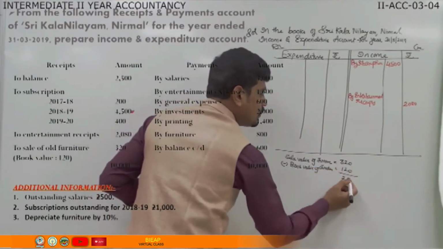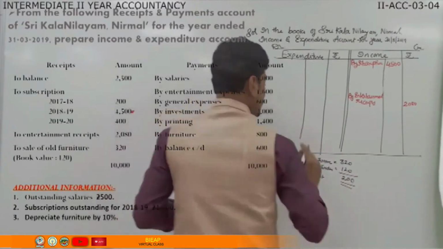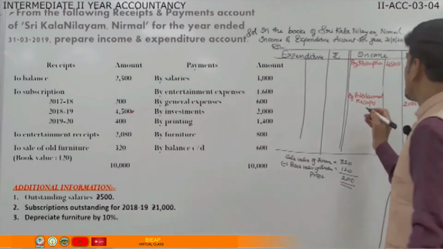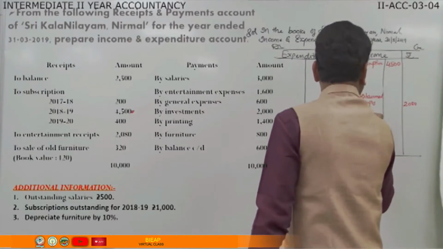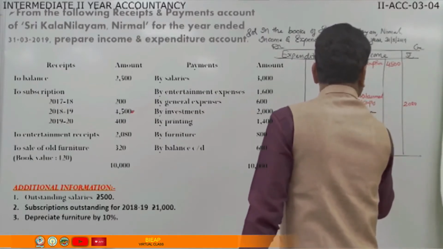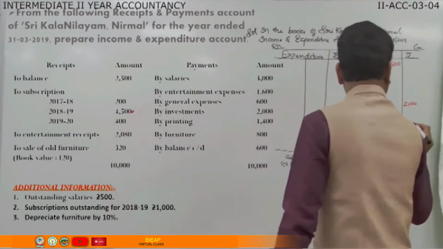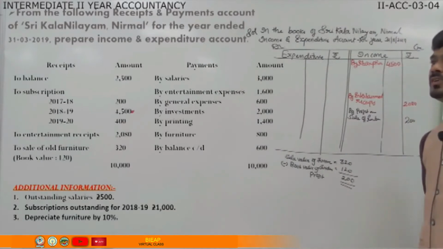So difference is 200. And this is what's a profit. Like this you can do the working notes. It will be easy for you. So profit you can write here. By profit on sale of furniture. How much sir? 200. We wrote profit on sale of furniture.